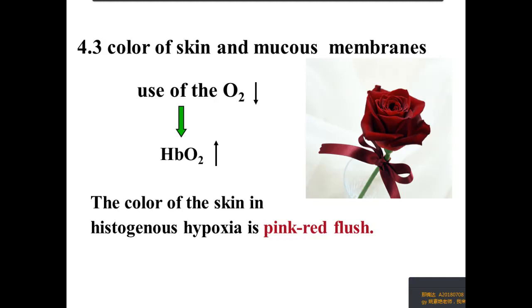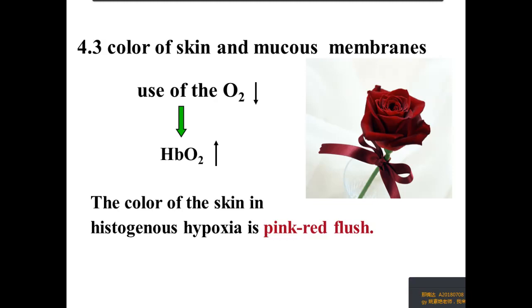Circulatory hypoxia: the arteriovenous difference of oxygen content increases. The color is pale in ischemia and cyanotic, bluish in congestion.